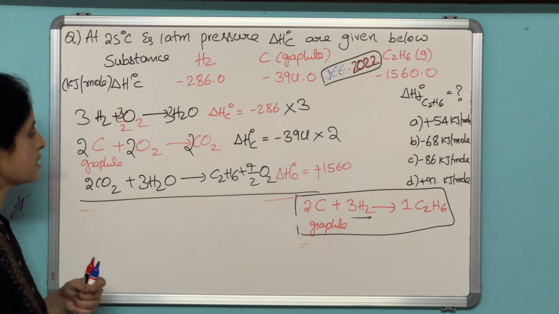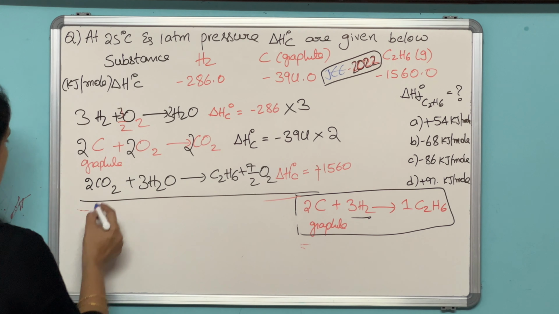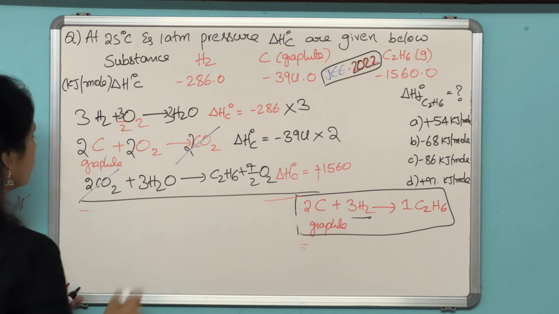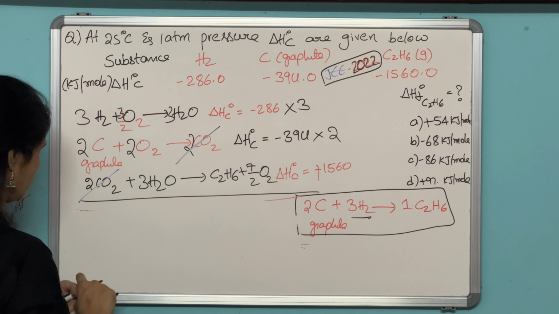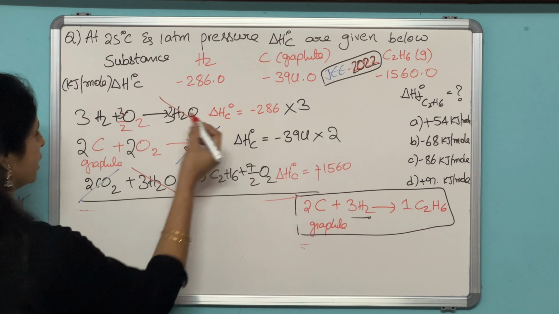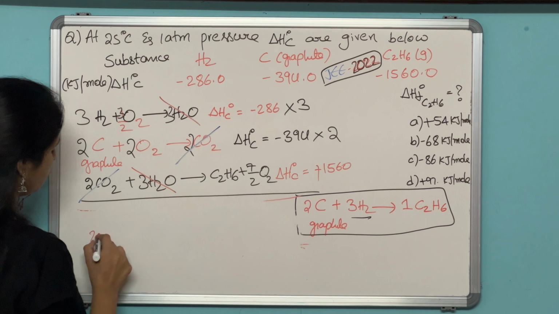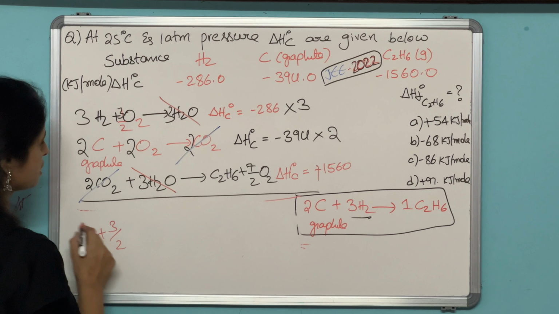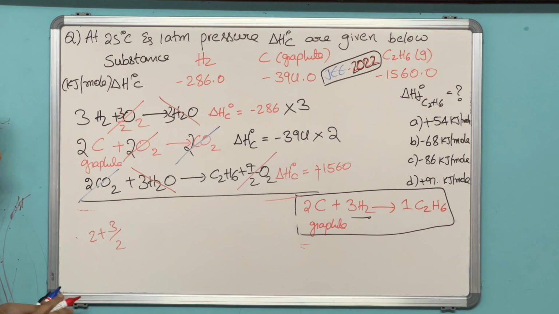Now look for the cancellation. This 2CO2 will get cancelled, and 3H2O will get cancelled. 3 by 2 O2 plus 2 is equal to 7 by 2 O2; 7 by 2 O2 will get cancelled.